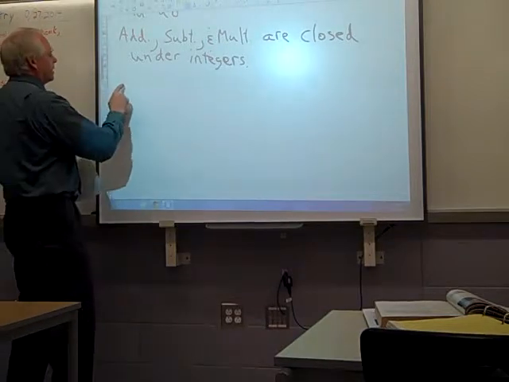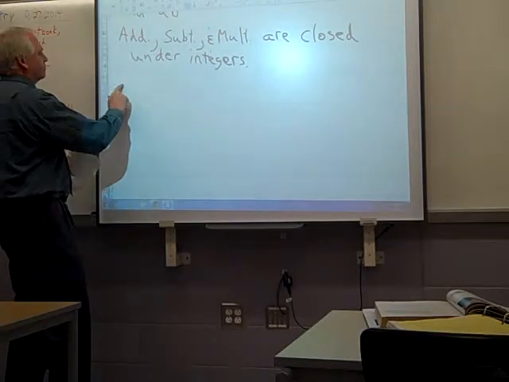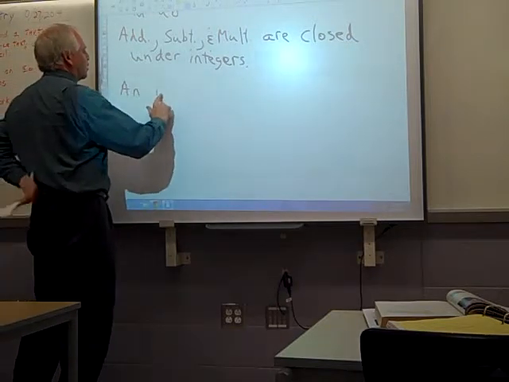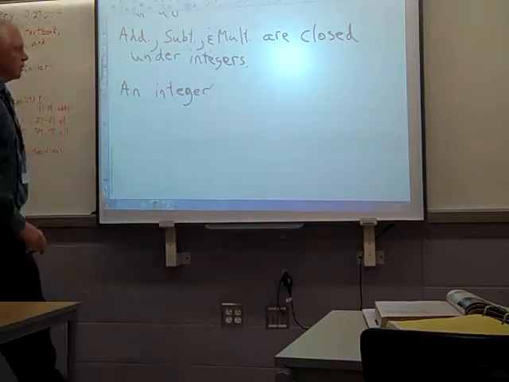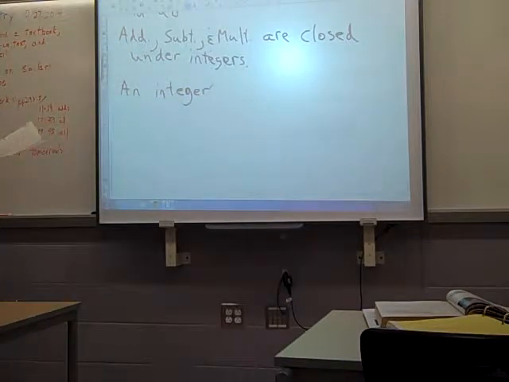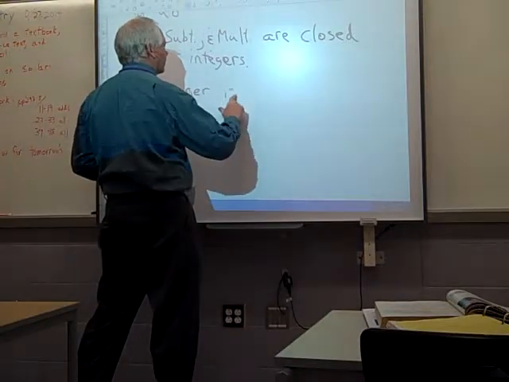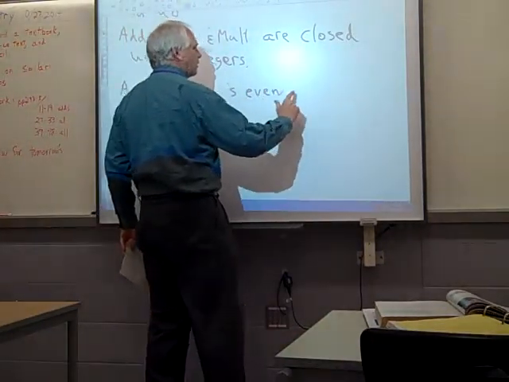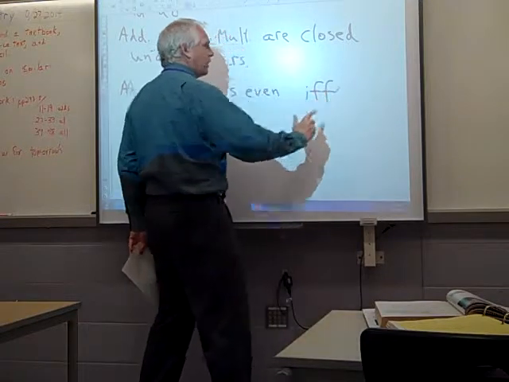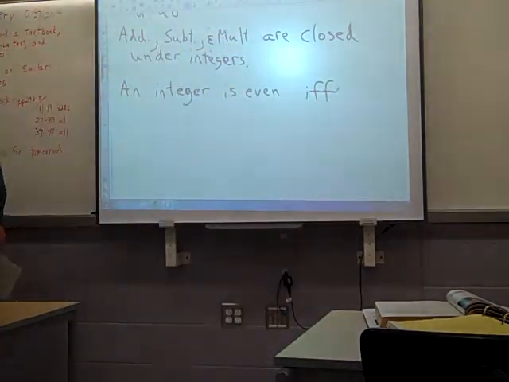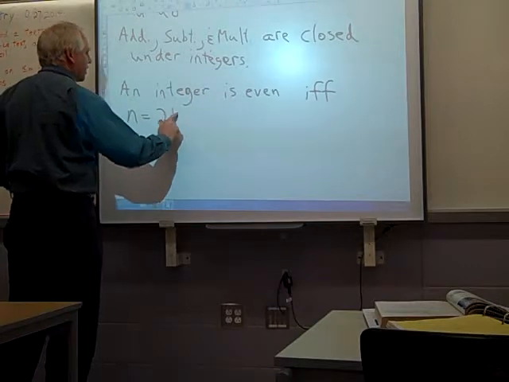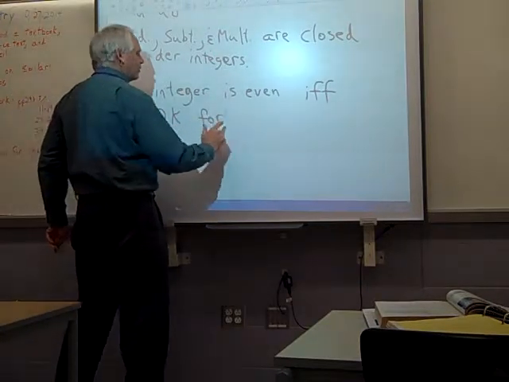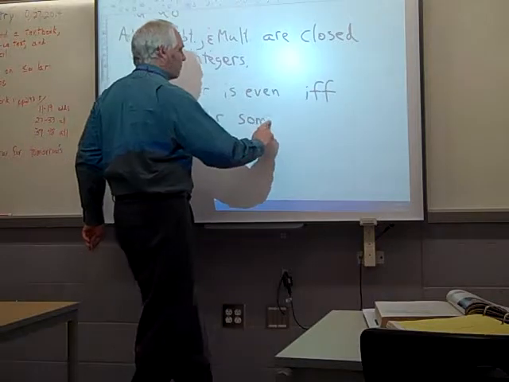Now, I want to talk about even integers, the way that we prove or demonstrate that we have an even integer. An integer is even if and only if n equals 2k, 2 times k for some integer k.